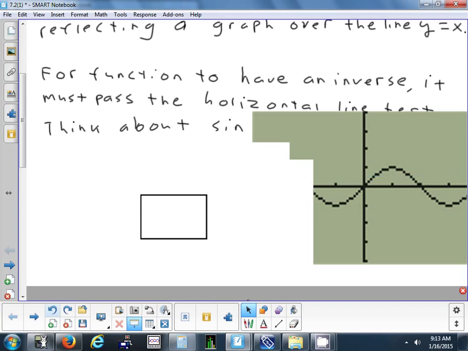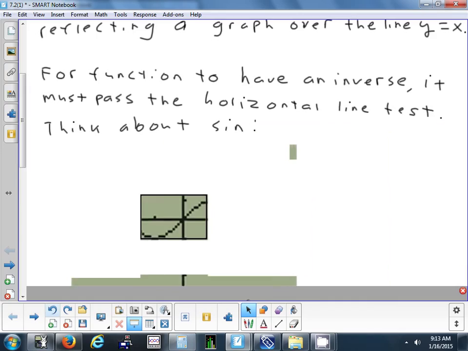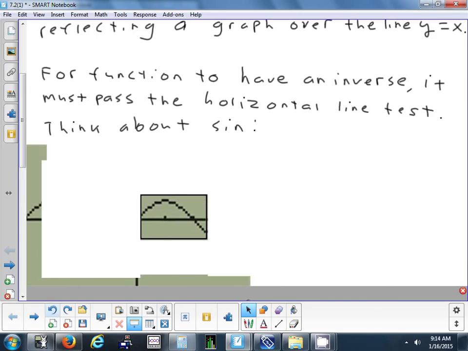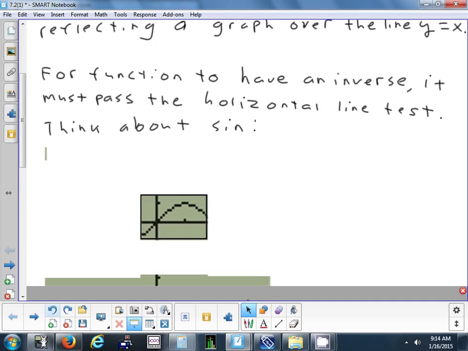So what we're going to do is take this picture and decide where we want to focus. We're going to narrow down the sine function and look at it over a certain window. I'll keep sliding it, and you tell me when I could stop, because when you put a horizontal line in, it would never hit it more than once. How about there?